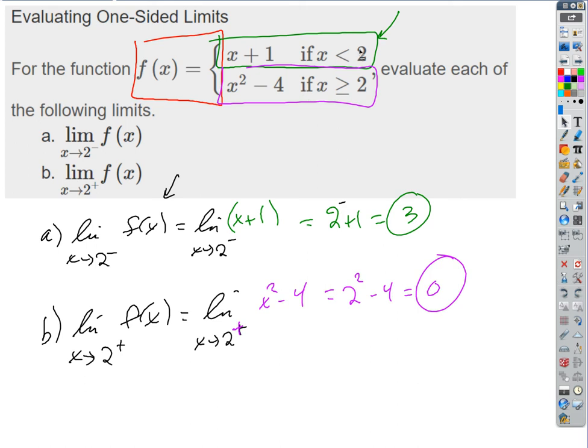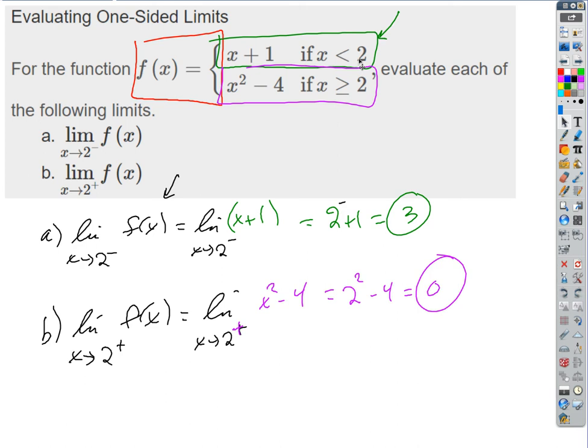So if we wanted to take this limit, the limit of this piecewise function as x approaches 2 from the left, that's important. As we approach 2 from the left, which part of the domain are we in? The top one, isn't it? The green one, because the green piece is the one that's defined for values of x less than 2.